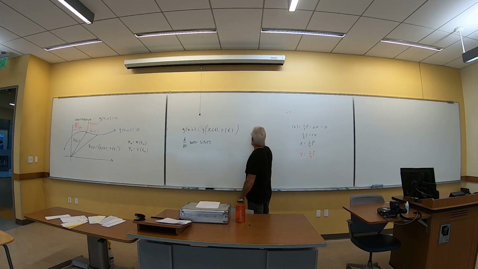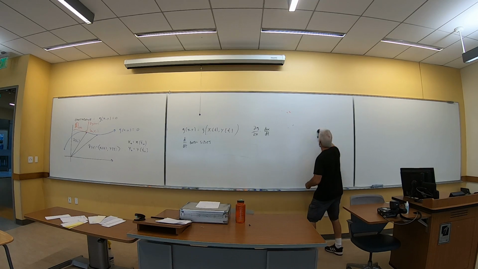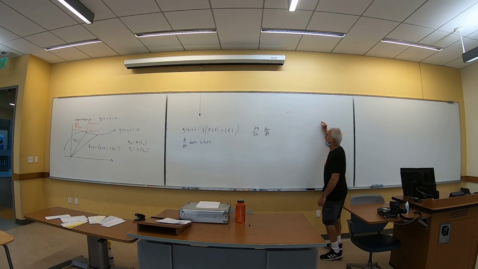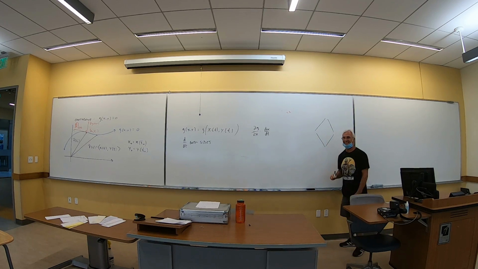So I have the partial of g with respect to x times dx dt. Okay, this goes back to my picture, and I'll remind you what the picture looked like.